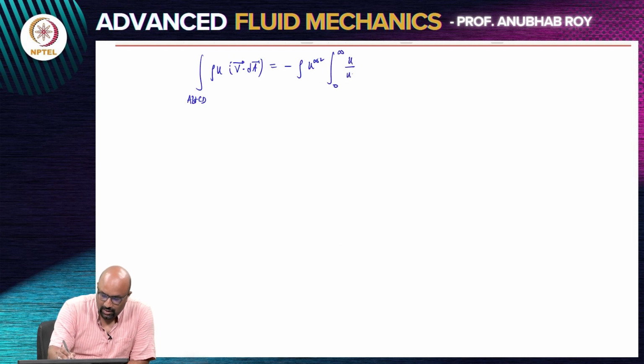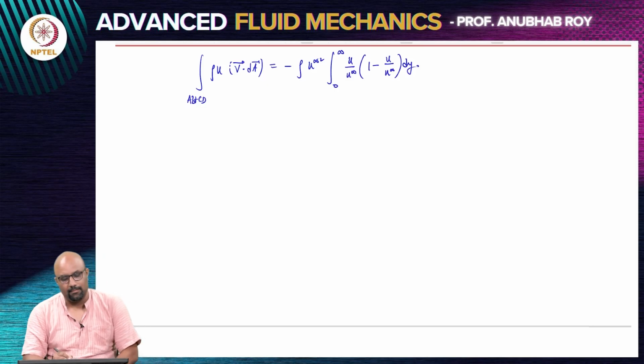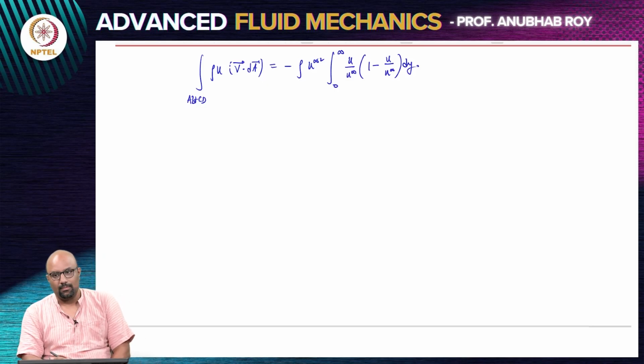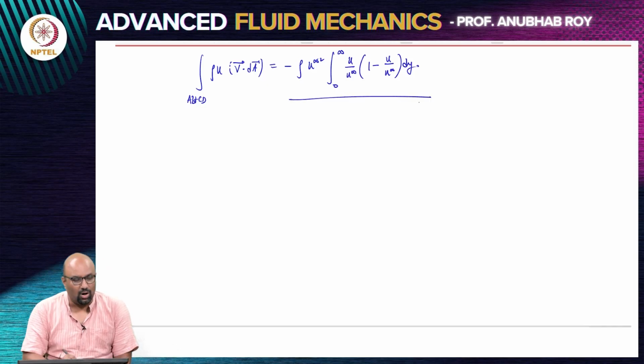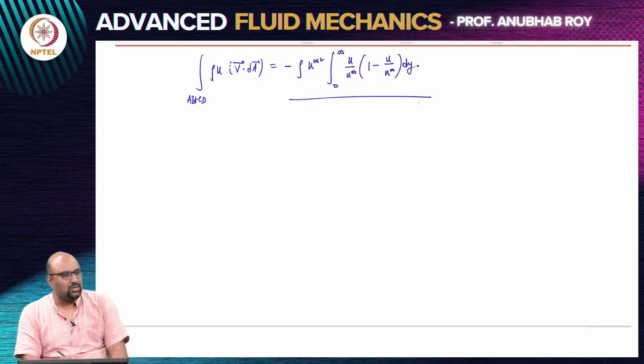I will take u by u infinity outside, so that gives me an expression of the loss of momentum, because if this was identically 0, then it just tells me whatever momentum is coming in is exactly the momentum that is exiting.